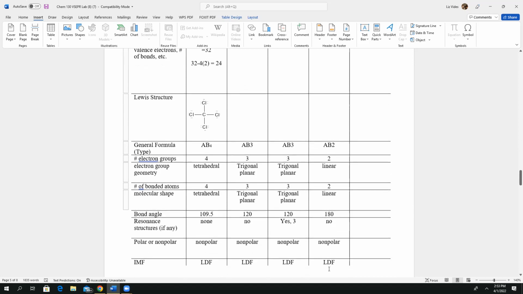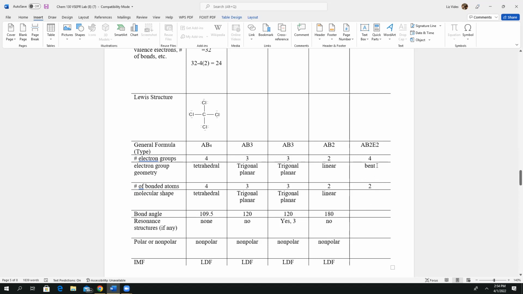Nothing's charged. The next one, however, is going to be an AB2E2. And in this case, the number of electron groups is 4, and this is going to be a bent molecule. It is charged, and the number of bonded atoms is only 2.